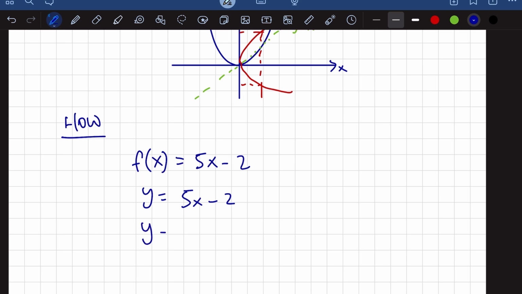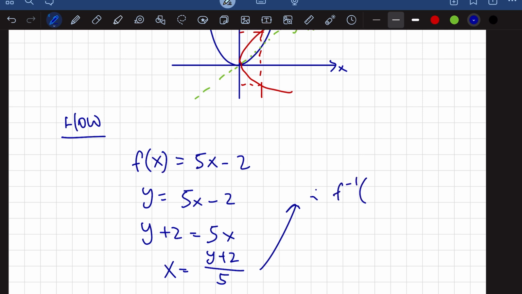So I'll move 2 over, and x will be isolated as equal to (y plus 2) over 5. When that happens, you can state that your inverse function will be (x plus 2) over 5. You replace the y here with your x. All right? So that is really the process of how you inverse a function.